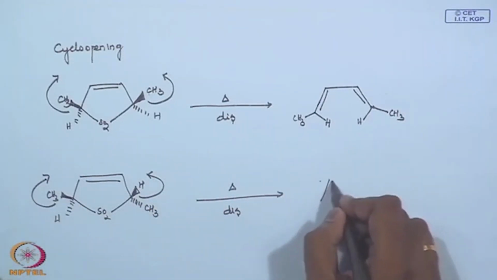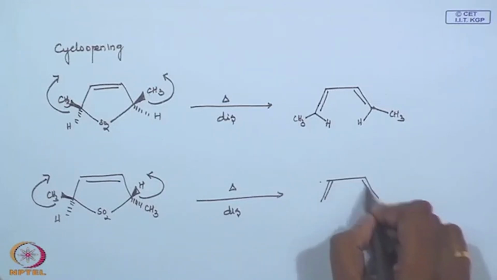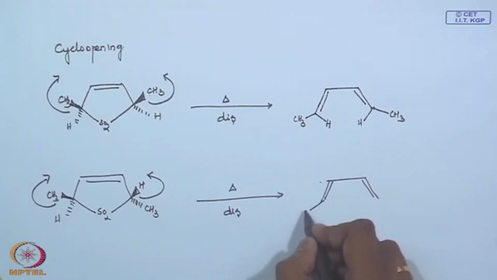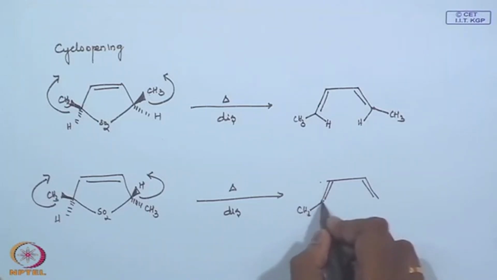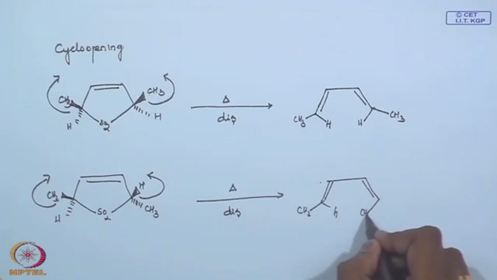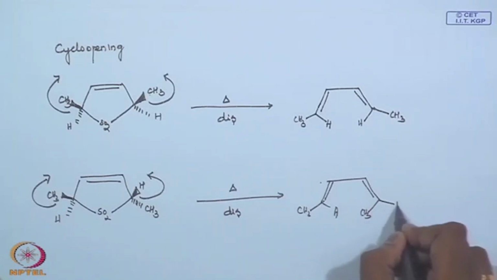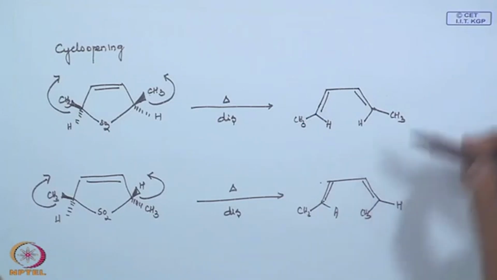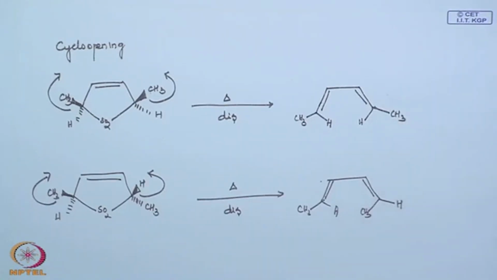In this case you get a different stereochemistry, a different product. Here hydrogen is out, so your methyl is in with your hydrogen out. See, both the products are different and they are specifically formed. Clear? Any doubt with this?